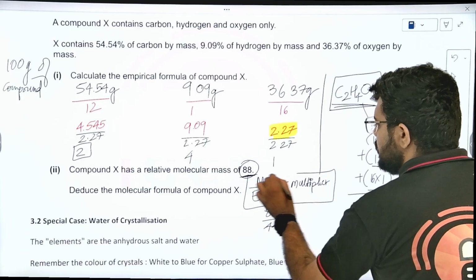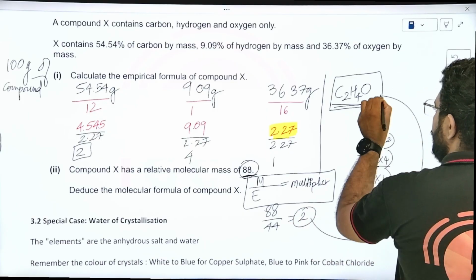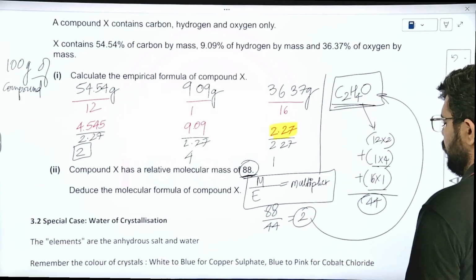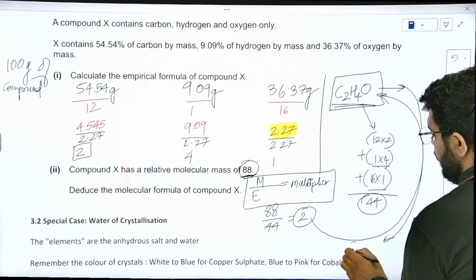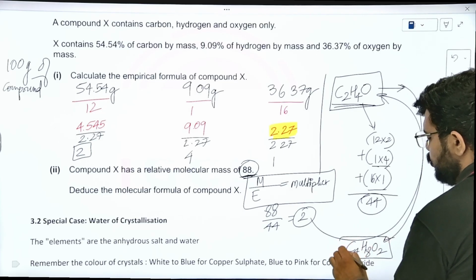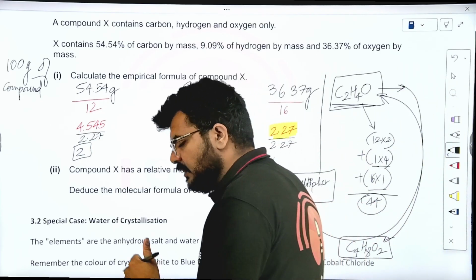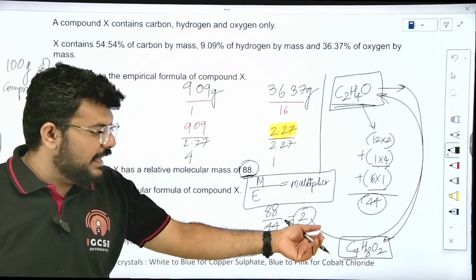Also consider this an important formula. So you have to multiply 2 with each of the number of atoms. That will give you, let's write it over here only, C4H8O2. This is the actual number of atoms of carbon, hydrogen and oxygen in the actual compound.